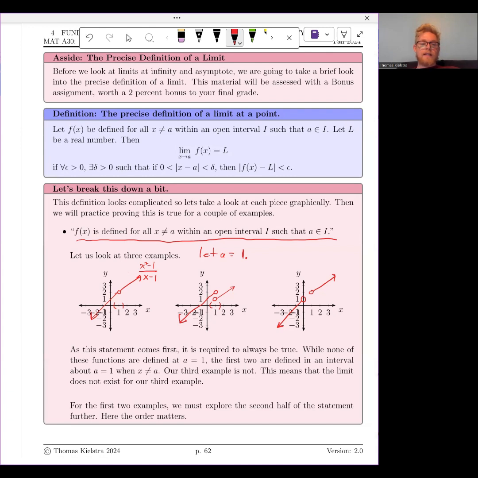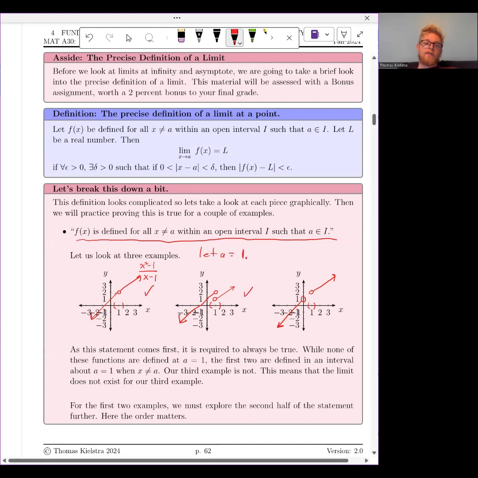Now, for our last example, it doesn't matter how small I make my interval, there will always be parts of this interval that don't equal a that are also not defined. Because of this jump or this gap, the limit would not exist. So our first condition being that f of x has to be defined for x not equal to a within an open interval I, such that a is within that open interval I. Here, we satisfy the definition.